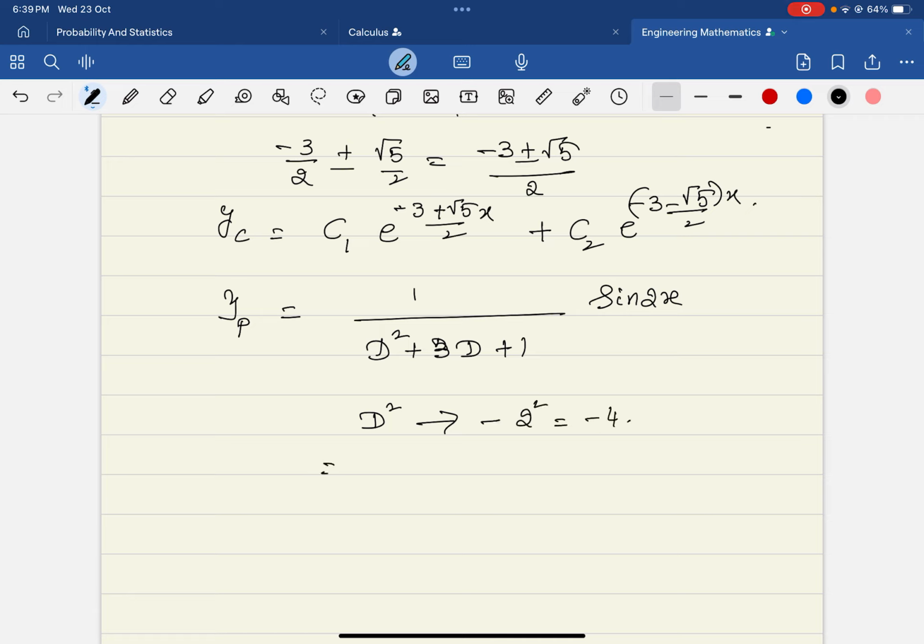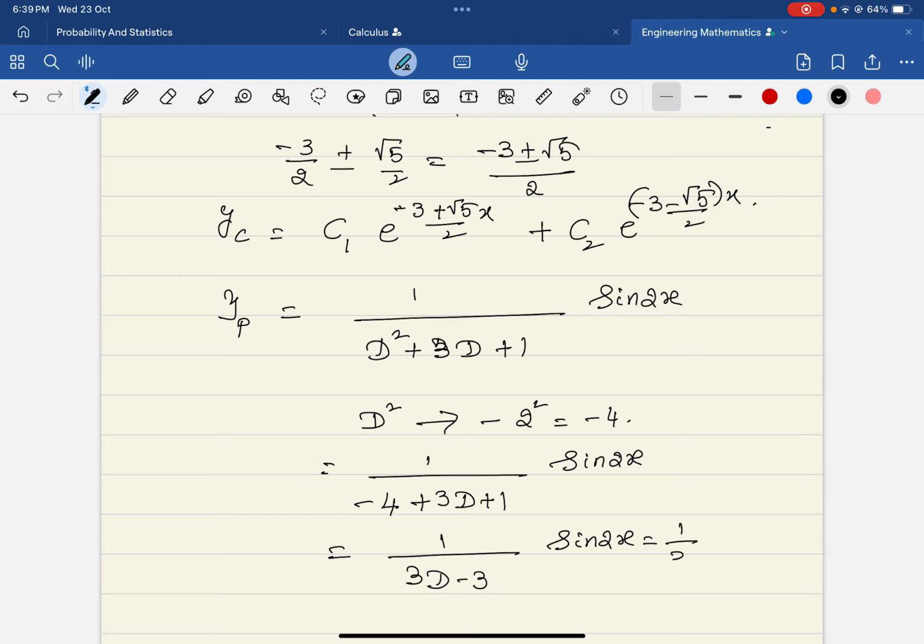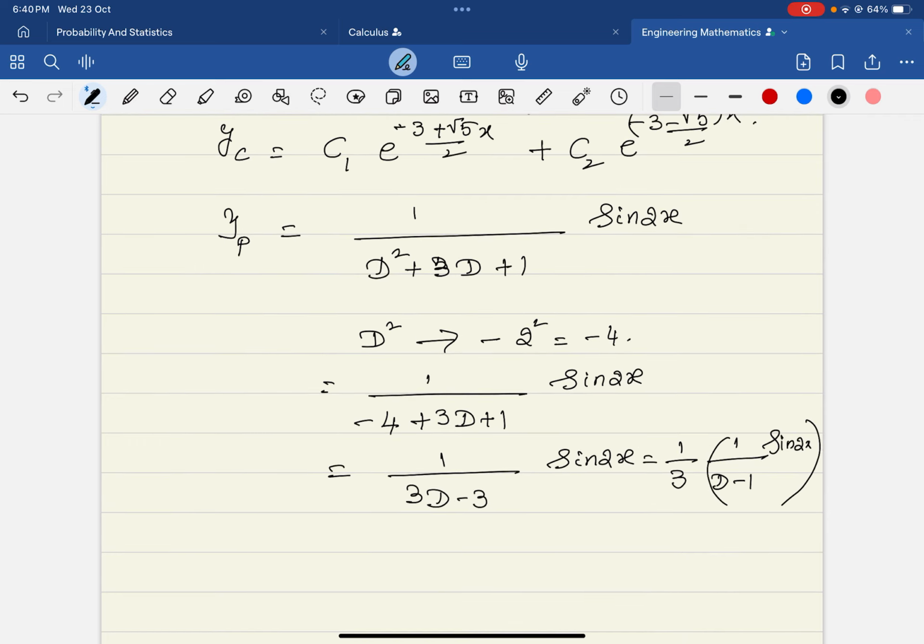So we get 1 over minus 4 plus 3D plus 1 of sine 2x, which gives 1 over 3D minus 3, of sine 2x. Now take 1 by 3 out, and we have 1 over D minus 1 of sine 2x, because we are taking the common factor.